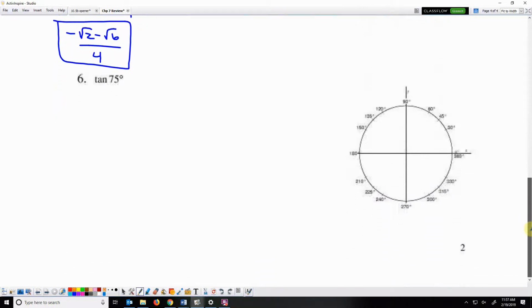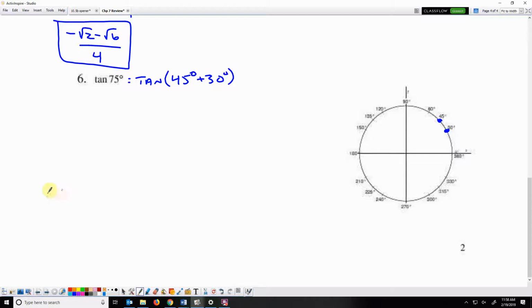And then tangent 75. One example of how to make 75 is 45 plus 30. So 45 degrees is here, 30 is here.